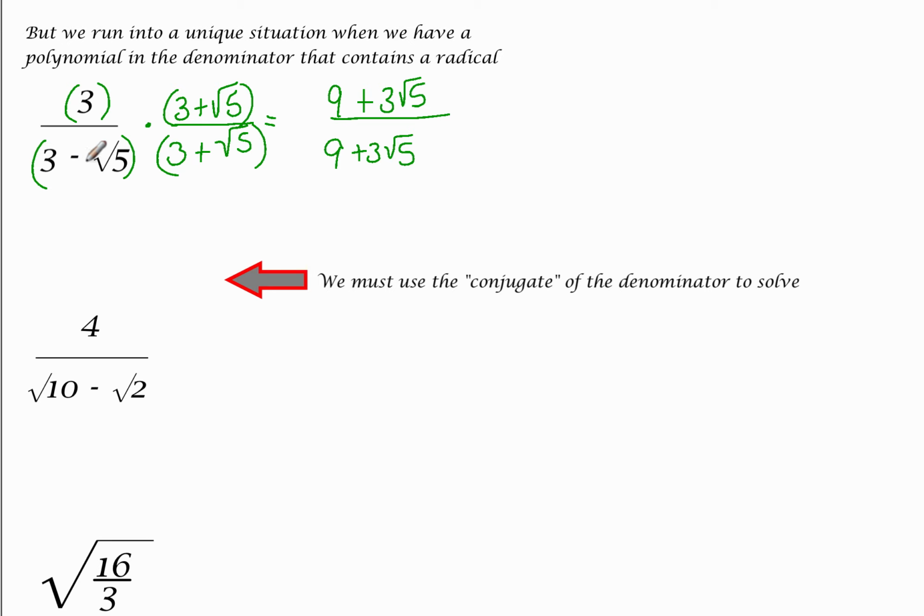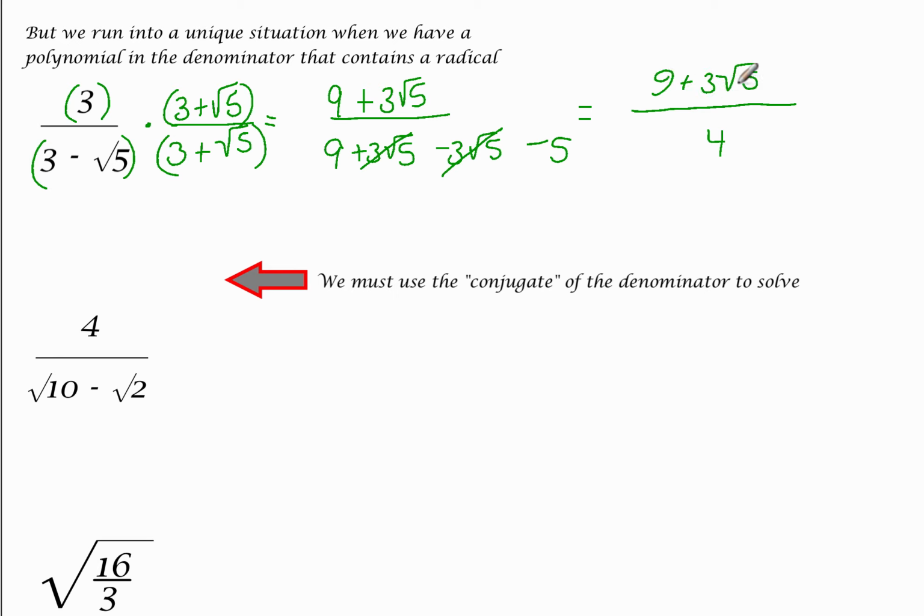Negative radical 5 needs to be distributed now. Times 3 is negative 3 radical 5. Do you see it? And then radical 5 times radical 5 is 5. And look at the happiness that occurs in the denominator. 3 radical 5 and minus 3 radical 5 cancel out, leaving me with 9 minus 5, which is 4, a rationalized denominator.